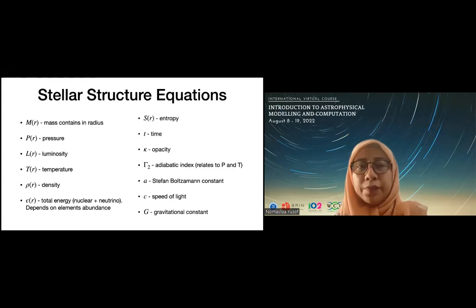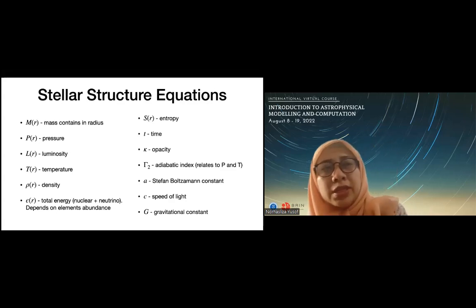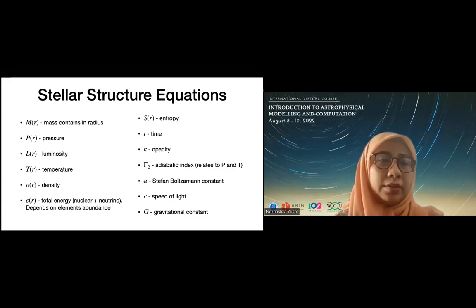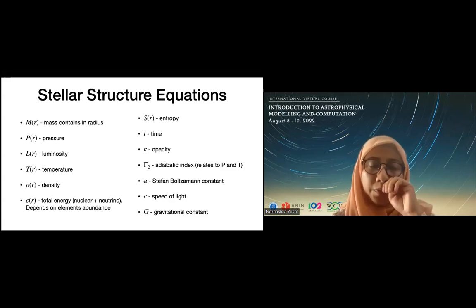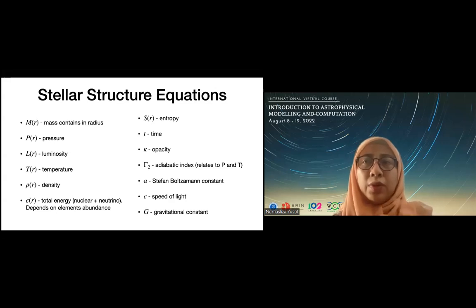If there is no neutrino, the star will be heated very fast, and then it will explode quite early. So the neutrino keeps the star cool, what we call neutrino cooling. It will emit neutrinos when the star starts to evolve, especially at carbon burning. From there, the nuclear and neutrino energy will balance out the structure of the star itself.